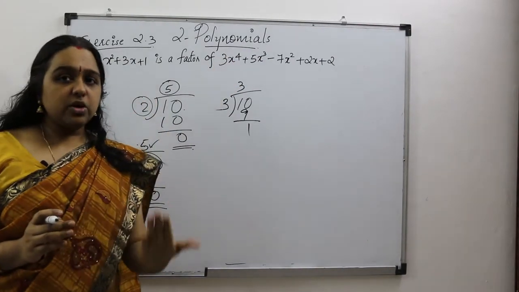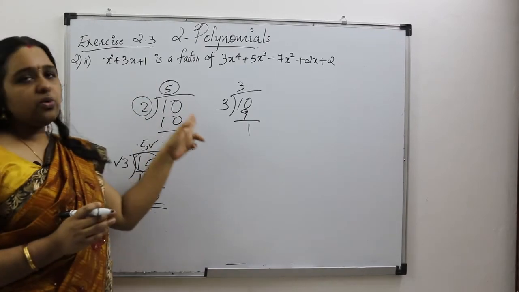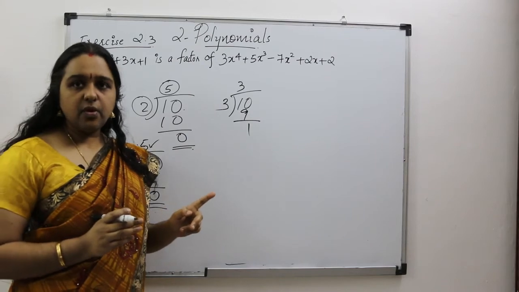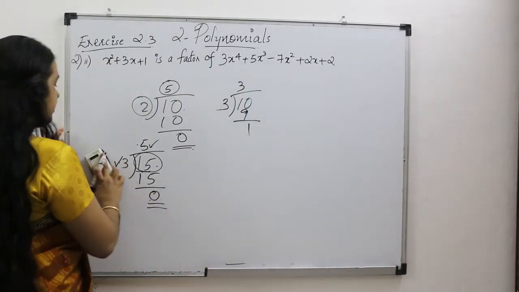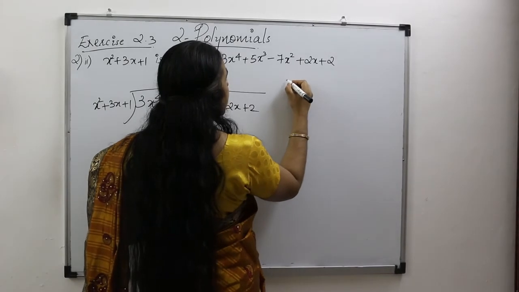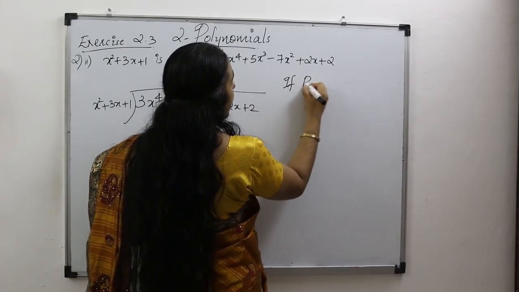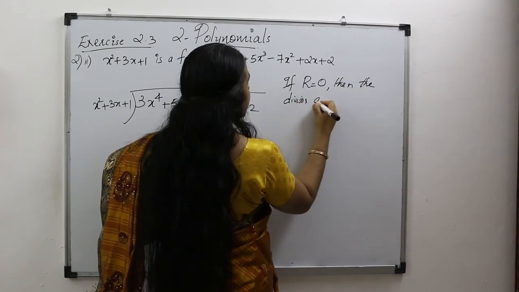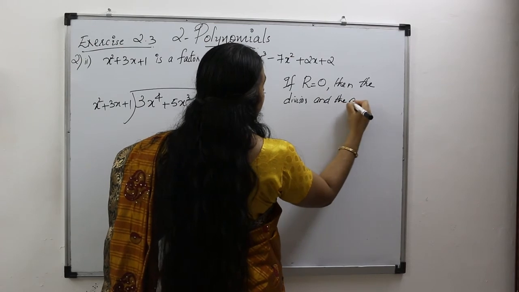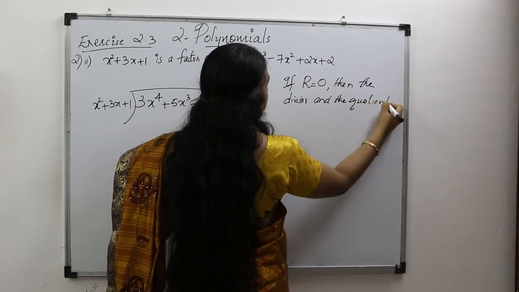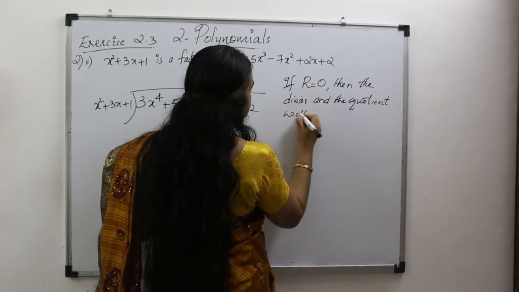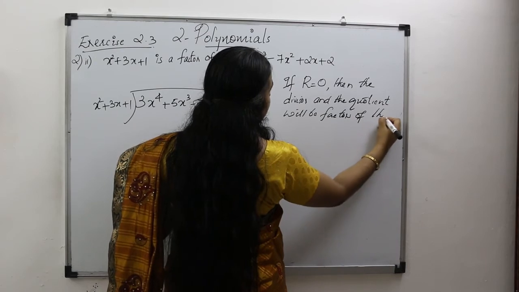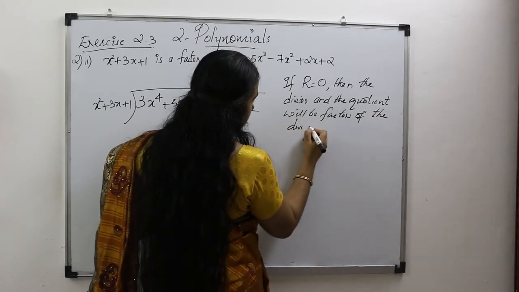If the remainder is equal to 0, then the divisor and the quotient will be factors of our dividend. Okay, we'll try that. You can note it somewhere here. If r equals 0, then the divisor and the quotient will be factors of the dividend.